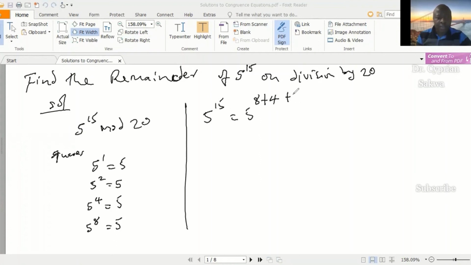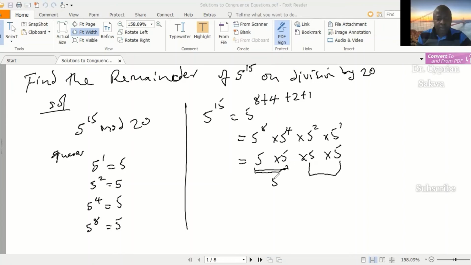If I add 2 there, I'll have 14. If I add 1 there, I'll have 15, which is 5 raised to 8 times 5 raised to 4 times 5 raised to 2 times 5 raised to 1. And we know what each of these is. Each is 5. So 5 times 5 is 5. So the remainder is 5.